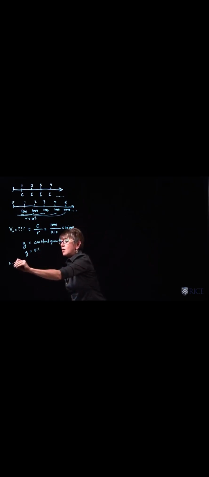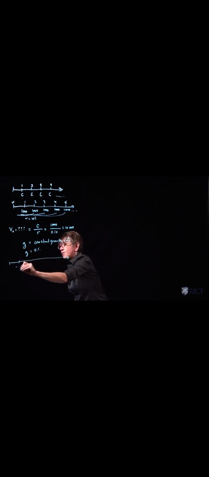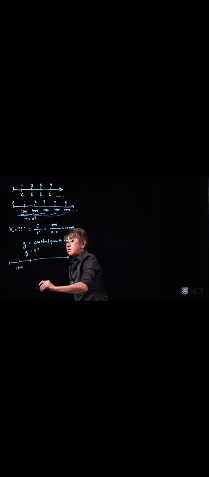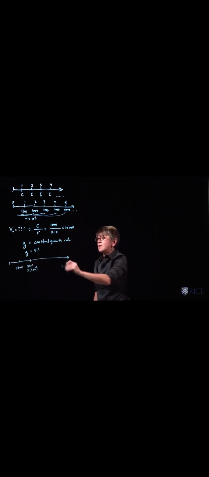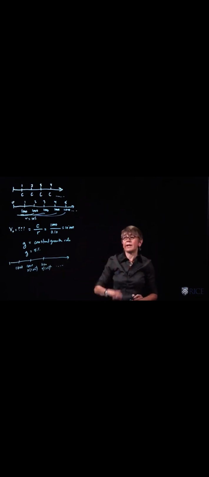In other words, the first payment is $1,000. Then the next period is going to be 1,000 times 1.05. The next period is going to be 1,000 times 1.05 squared, and so on and so forth. It's going to keep growing.